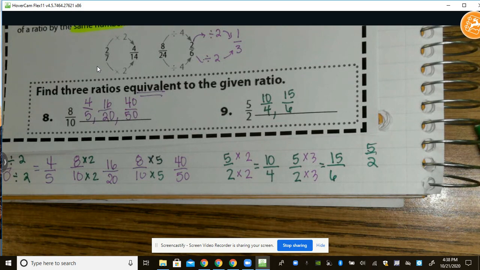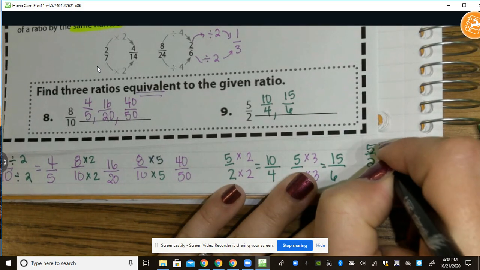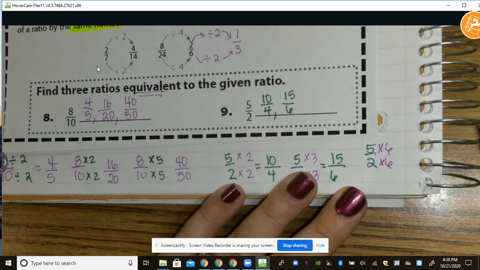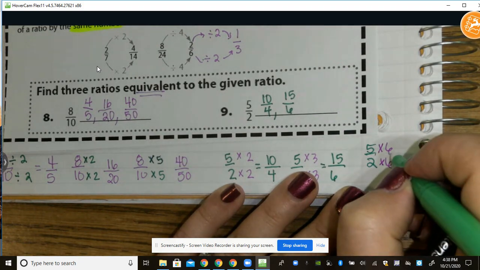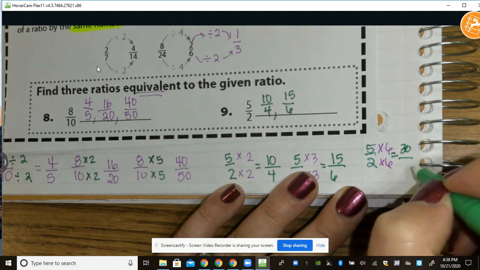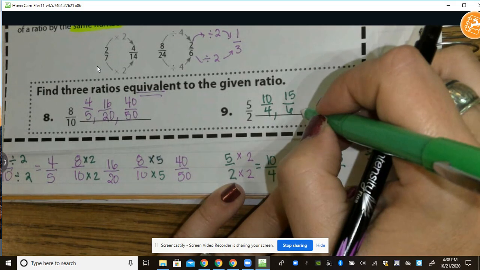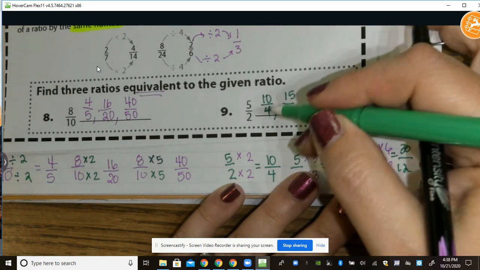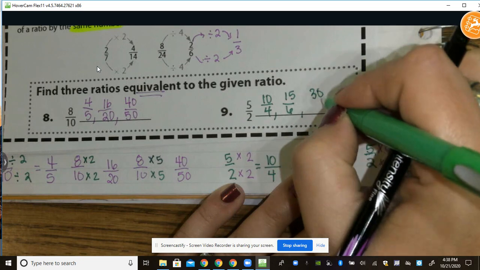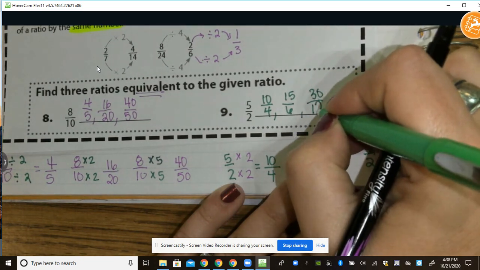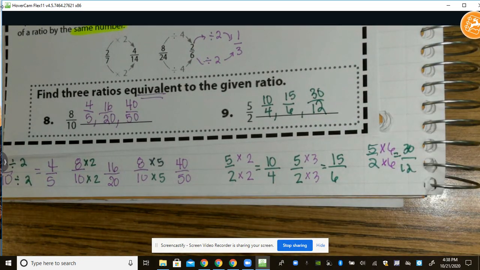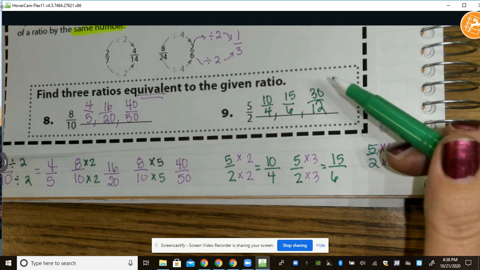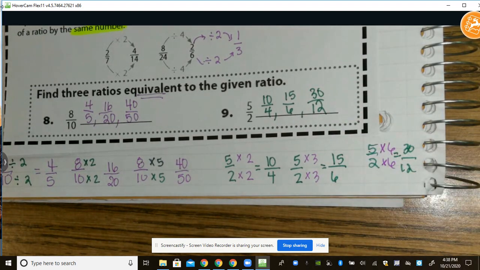I'm going to multiply the top and the bottom both by 6. 5 times 6 gives me 30, and 2 times 6 gives me 12. So an equivalent ratio to 5 over 2 is 30 over 12.